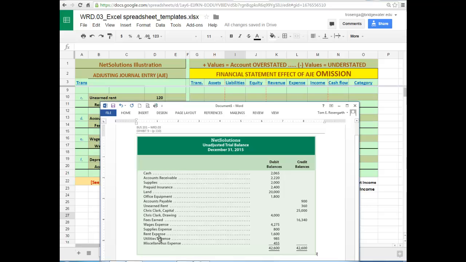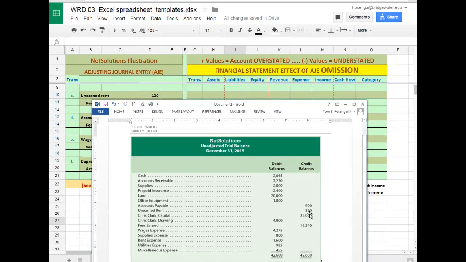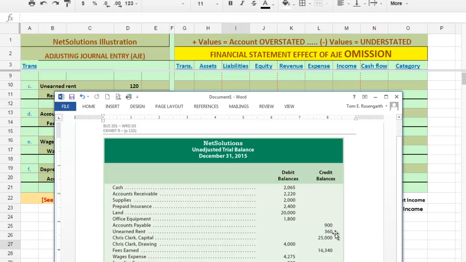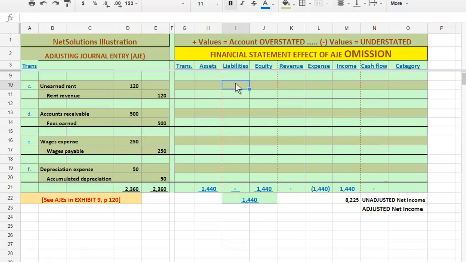In this case, the unearned rent, which is a liability, the unadjusted balance shows a $360 amount. It's a credit balance. If we omitted this $120 debit, which reduced unearned rent, the liability would be overstated by $120. So let's enter a positive 120 in the liability column.